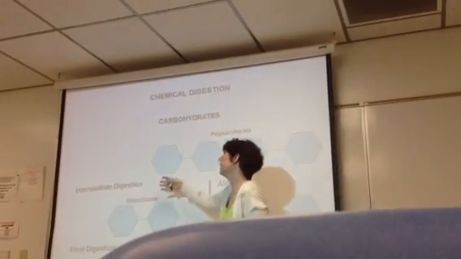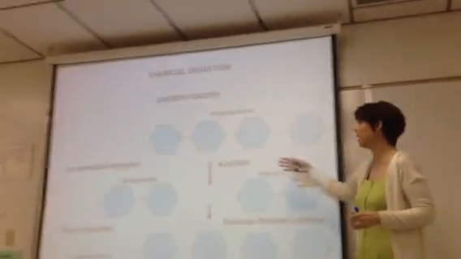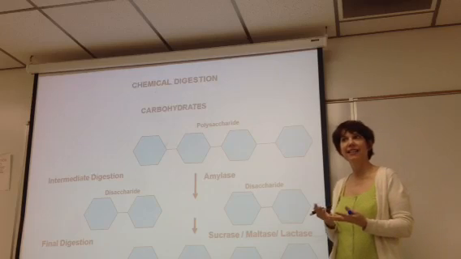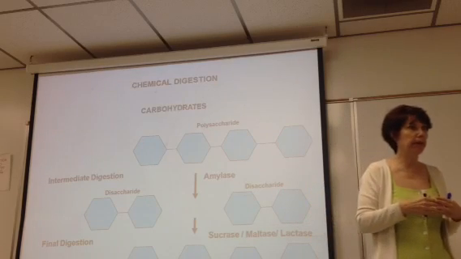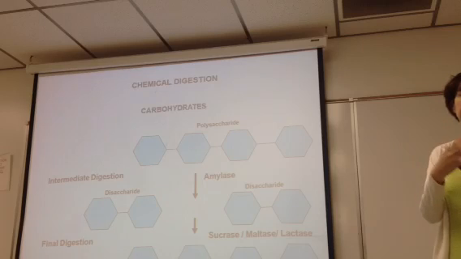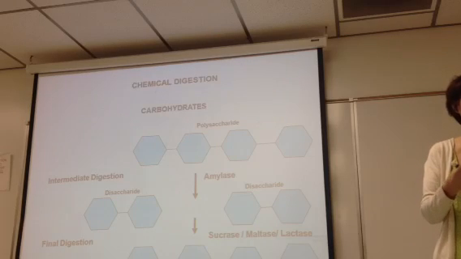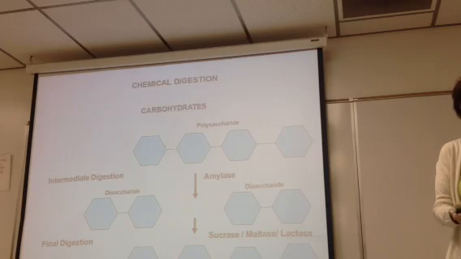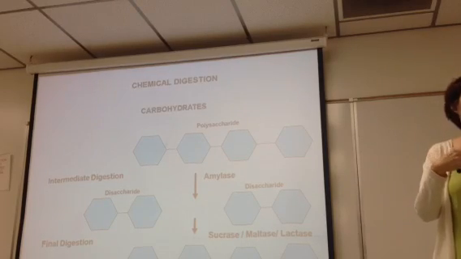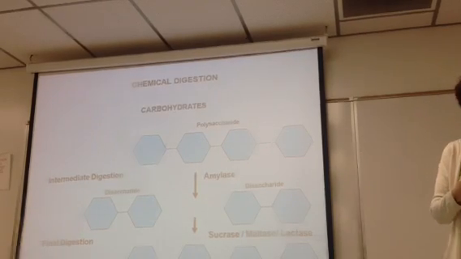With intermediate digestion, our products, the disaccharides, are of too large a size to cross the plasma membrane of the cells. So they're not absorbed. As I indicated earlier, you can chew crackers and get a sweet taste, but you're not going to transport those disaccharides across the epithelia of your mouth.